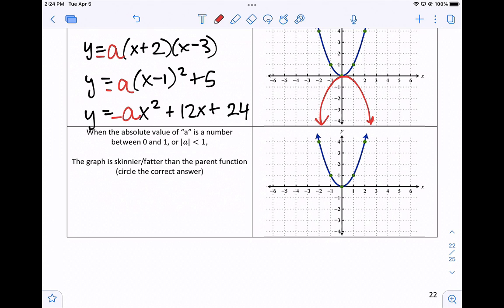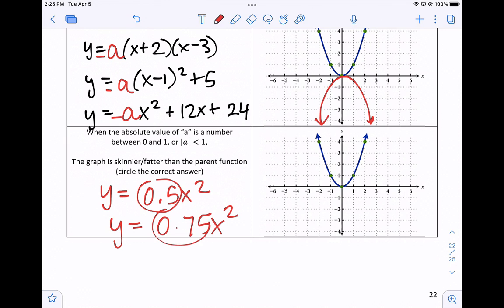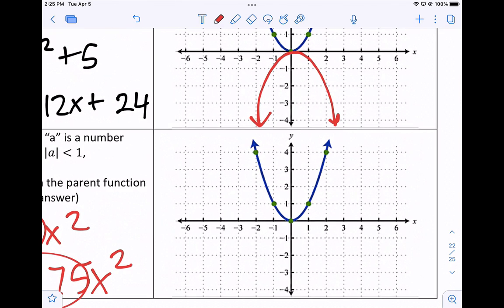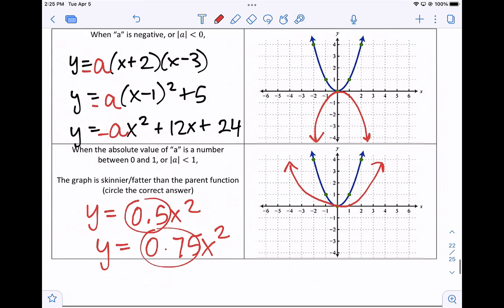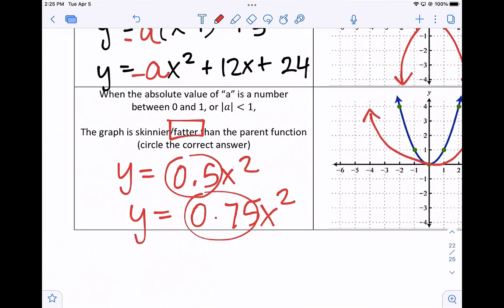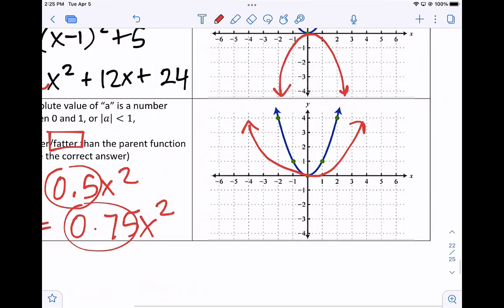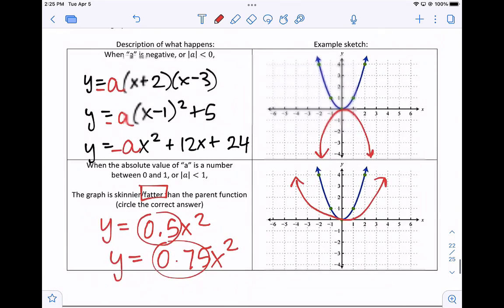So for an example, if we had like y equals 0.5x squared, or y equals 0.75x squared. These are numbers that are between 0 and 1. And what happens when you graph it is it becomes wider or fatter than the original graph. So again, between 0 and 1, it's fatter. If it's a negative number, it's upside down.